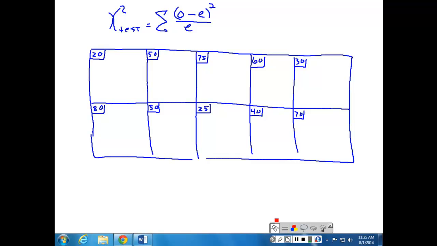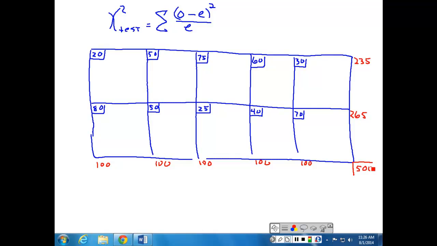So first thing I'm going to do is sum. So I just get the margins.